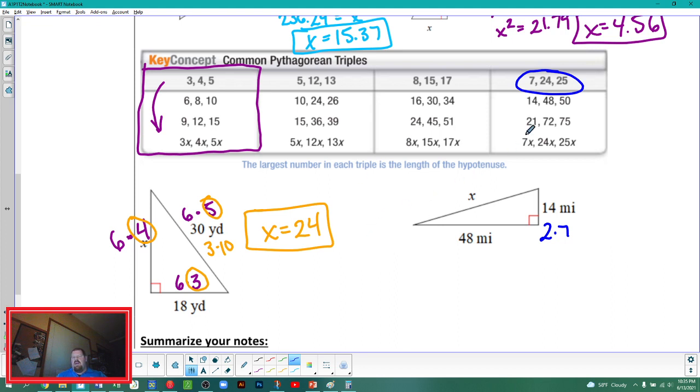Okay. And I can see it right here that it shows up as the second one on the list because it's times 2. For instance, 48 is 2 times 24. So I have a 7, 24, 25 triangle that's just been doubled. So this missing side is going to be 2 times 25, telling me that x is equal to 50.